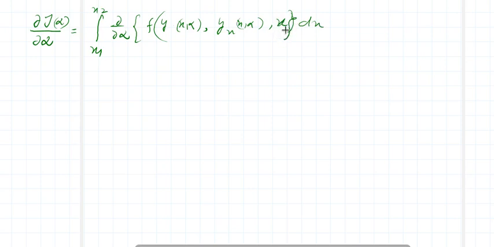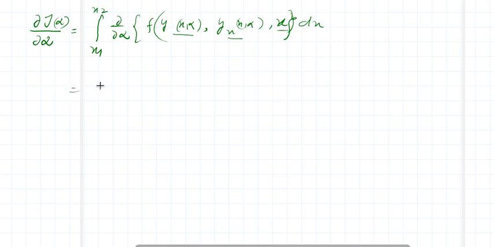Right, so this is it. And when I open this partial derivative, because it depends upon so many functions, only these two quantities depend upon alpha, and this is independent of alpha, right?